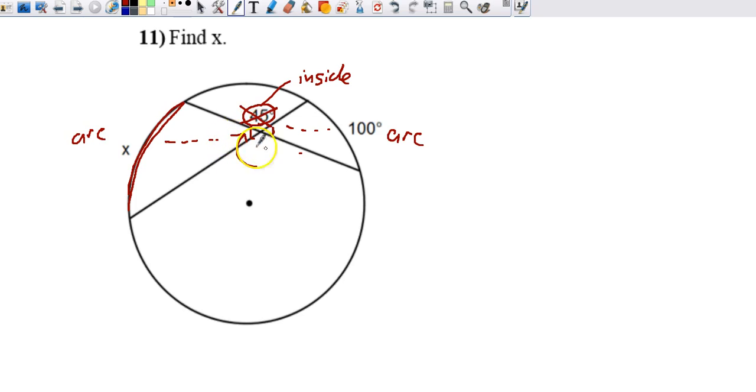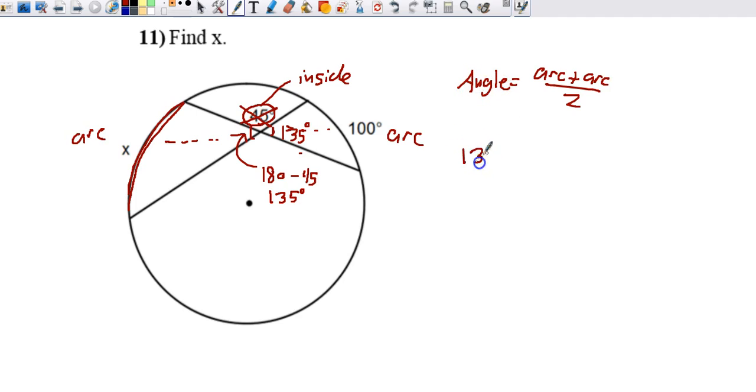So to get this angle here, or that angle, you're going to subtract from 180 since they form a line. And that's 135 degrees. All right, the formula that we used is angle equals arc plus arc over 2. Now what we have is the angle, that's 135. Don't use the 45, use the 135. The arcs are 100 and x.